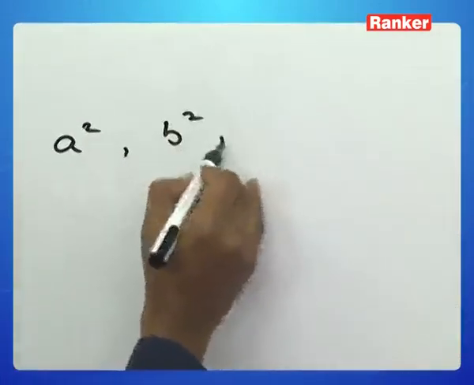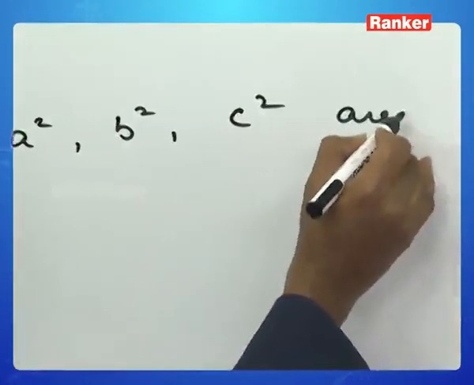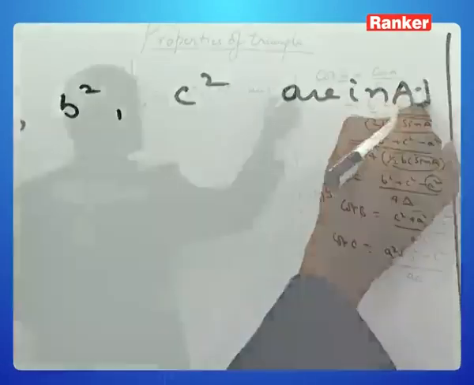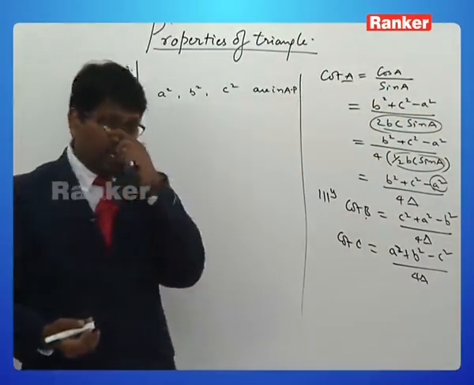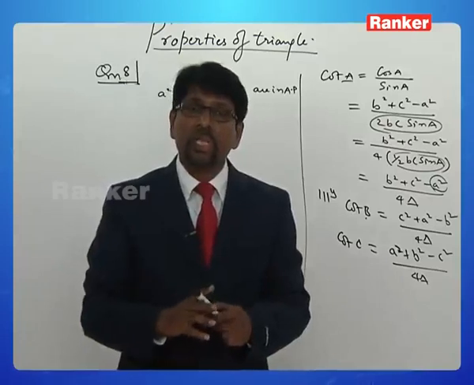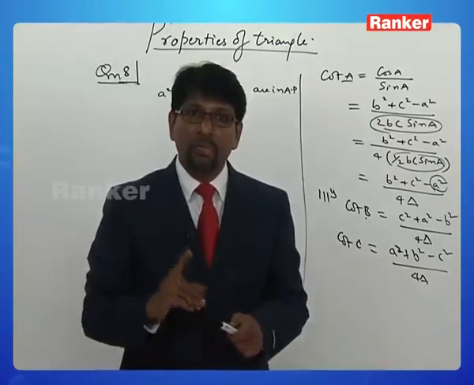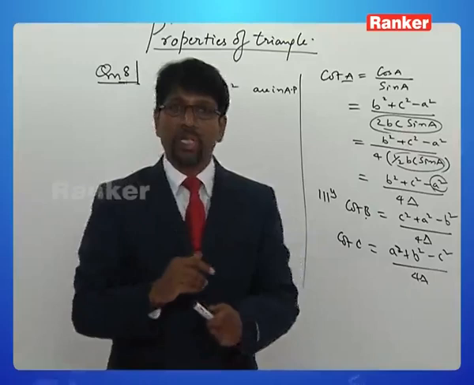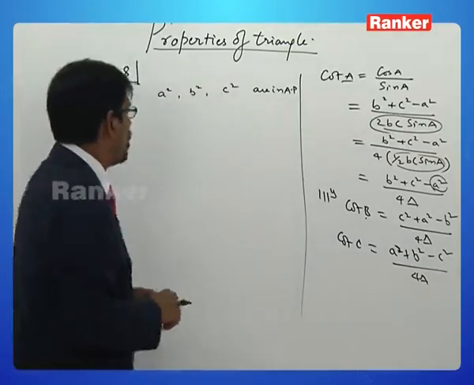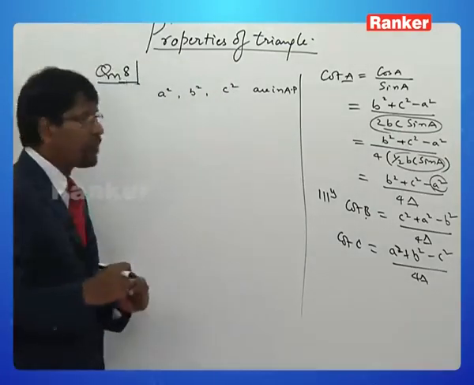A square, B square, C square are in arithmetic progression. If you multiply each term of a sequence which is in arithmetic progression with some number, it still turns out to be in arithmetic progression. Even if you divide, it's the same.